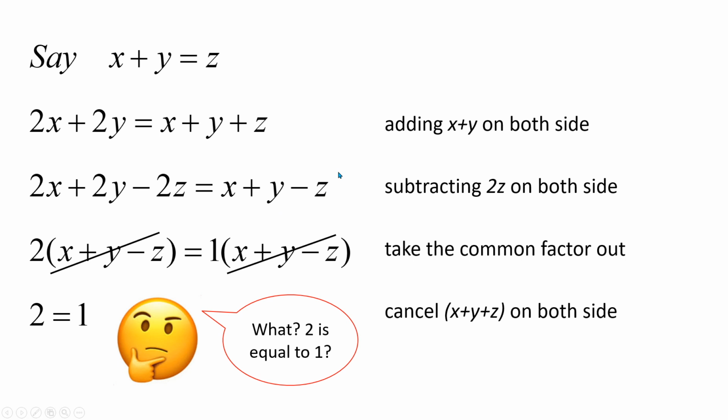Awesome. Why don't we take the 2 common out? If I do that, that gives me 2 times x plus y minus z is equal to 1 times x plus y minus z. Then I cancel the common on both sides, which is x plus y minus z. That gives me 2 is equal to 1.